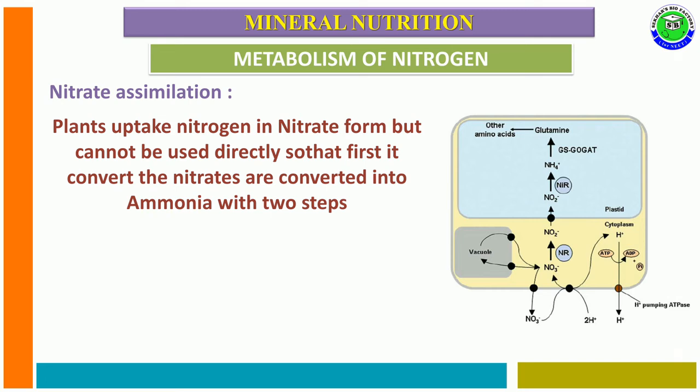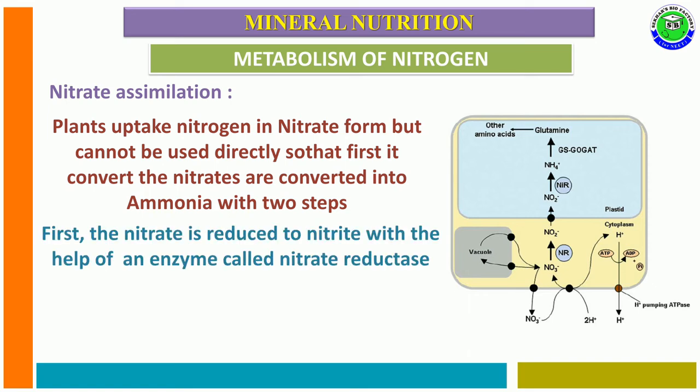That means the plants take up nitrogen in nitrate form only, but this nitrate form cannot be directly utilized in the plant cell. So first these nitrates are converted into nitrites and finally into ammonia in two steps, which is called nitrate assimilation. In the first step, nitrate is reduced to nitrite with the help of the enzyme nitrate reductase.